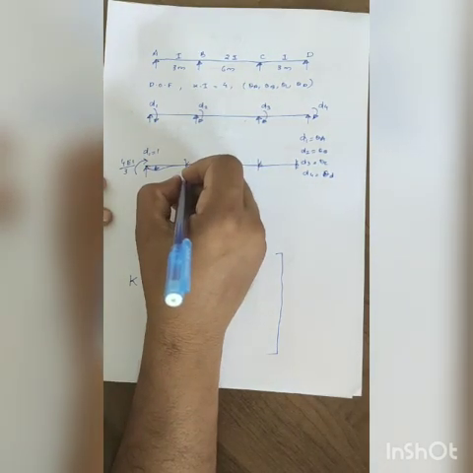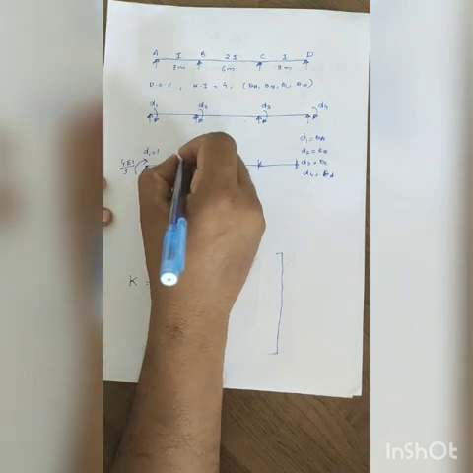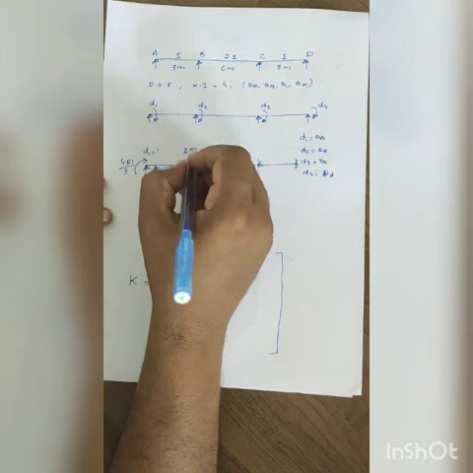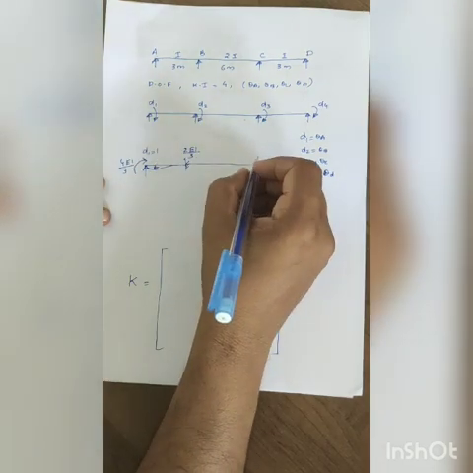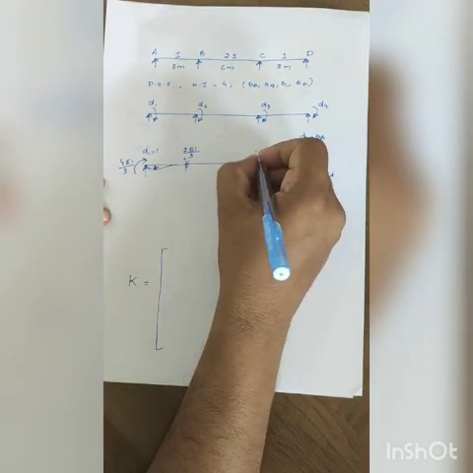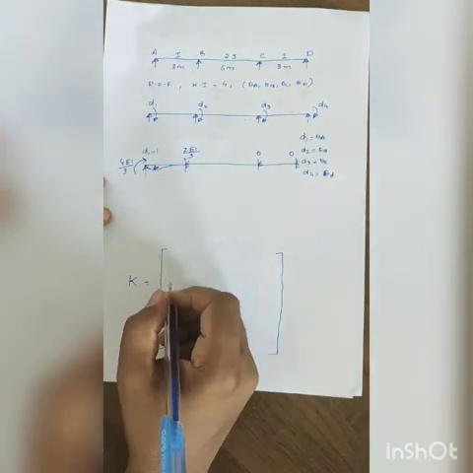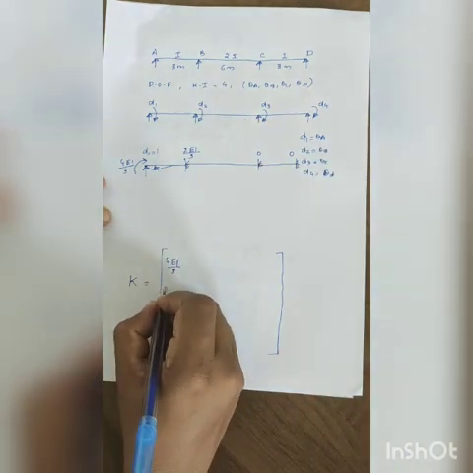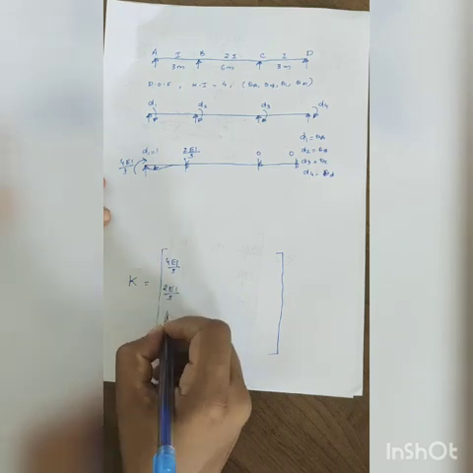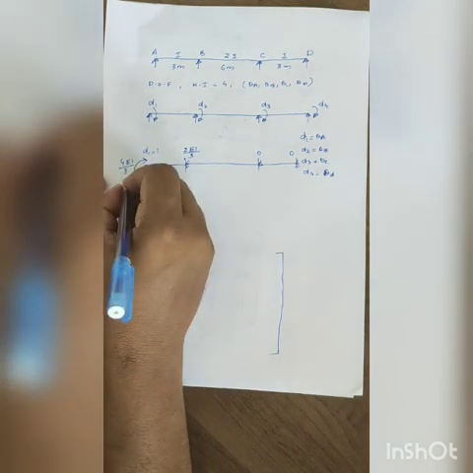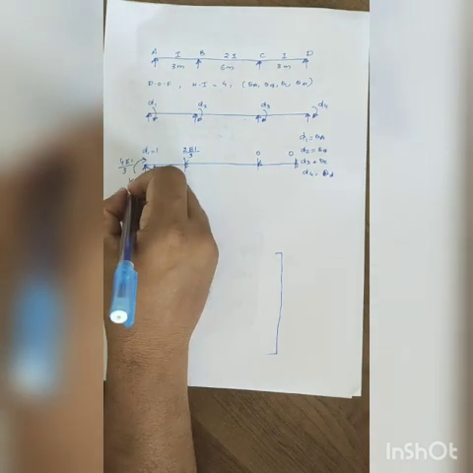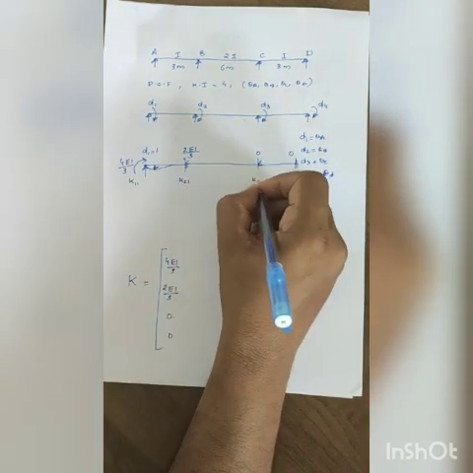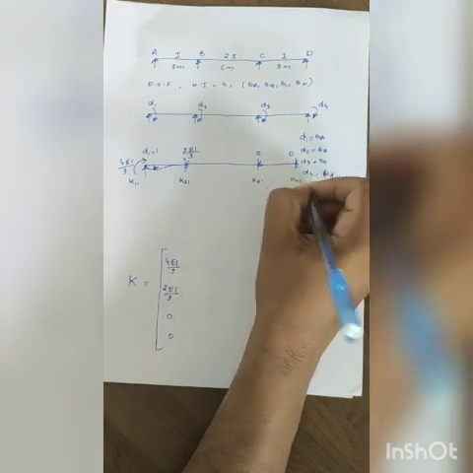And the moment transferred at the second ordinate is 2 EI by L, that is 2 EI by 3, and the moments at C and D are 0. So you can now easily fill 4 EI by 3, 2 EI by 3, 0, 0, because this is K11, this is K21, this is K31 and this is K41.